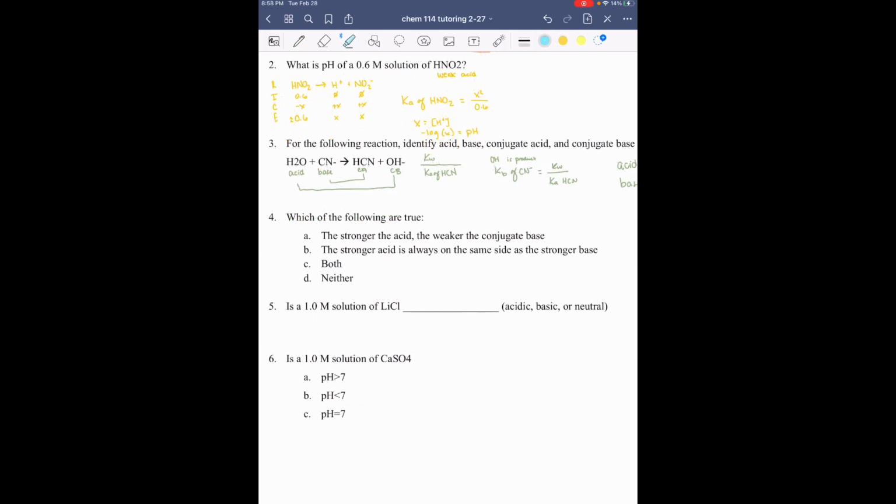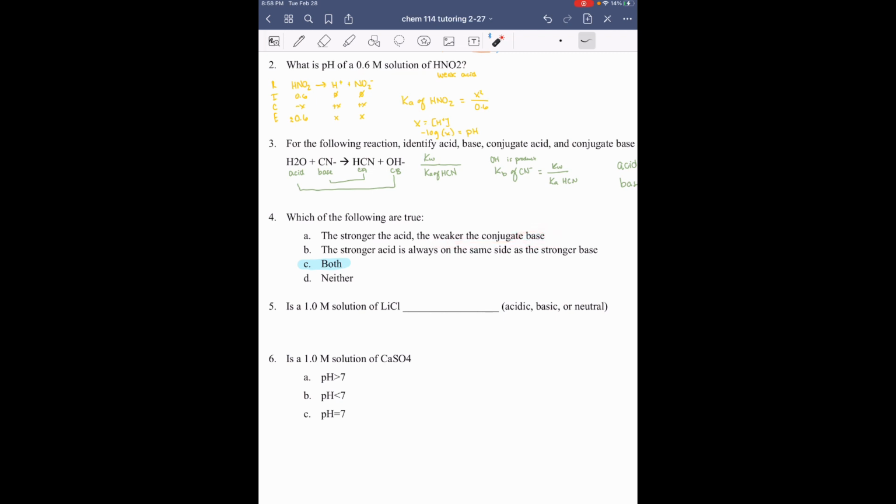Yeah, so which of the following are true? True and false. We love true and false. For this one it is both. And that is because the stronger the acid, the weaker the conjugate base. That is true. I like to think of it with this analogy: let's say I am an Olympic level figure skater. I'm a really strong figure skater, so I'm probably going to be weak doing something else, like basketball.